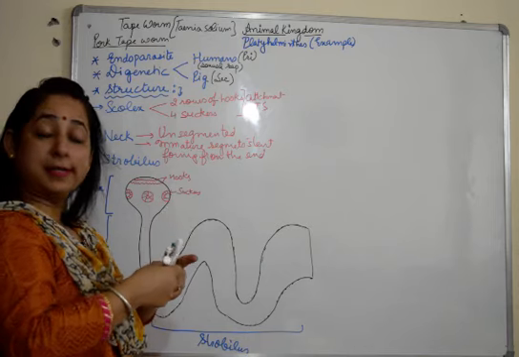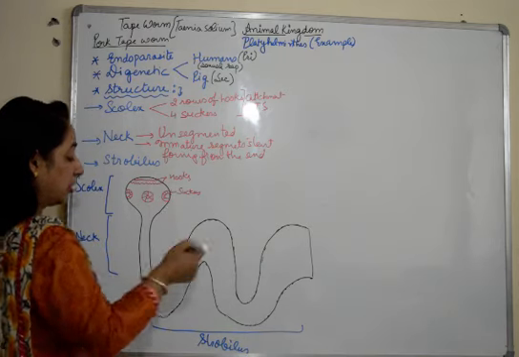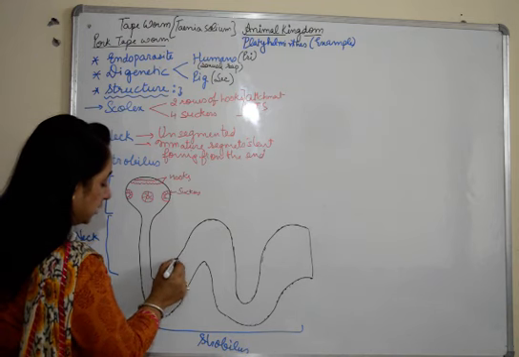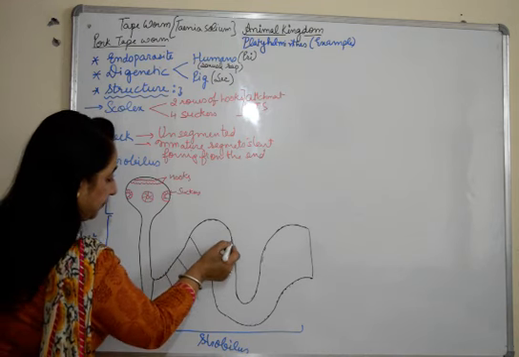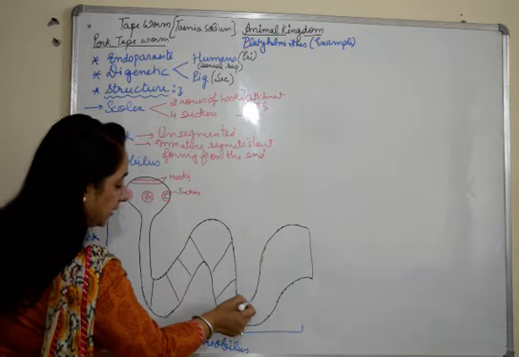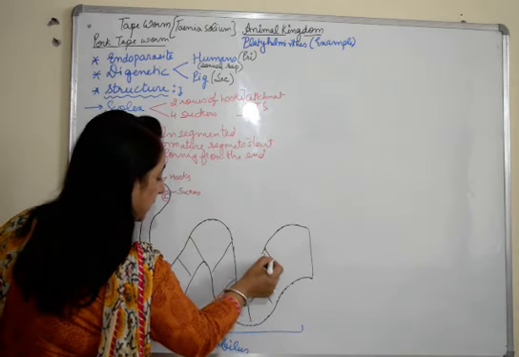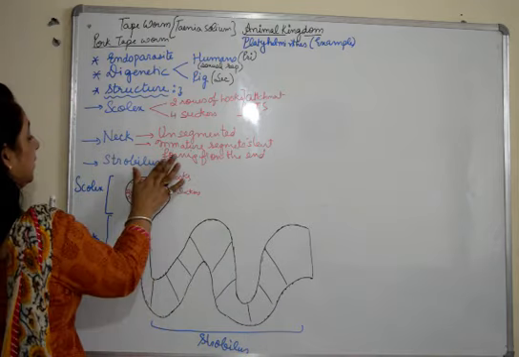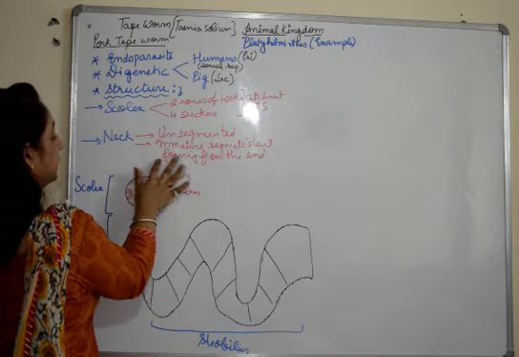Now what are proglottids? If we see the structure of this strobilus, this structure is divided into segments. I'll explain strobilus here because we don't have space here.